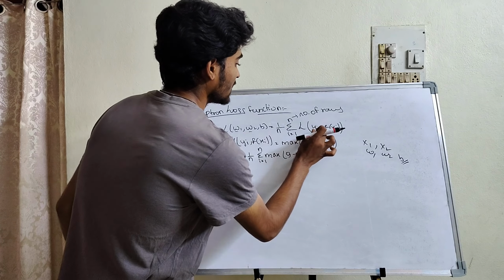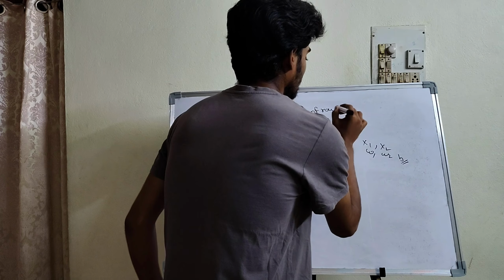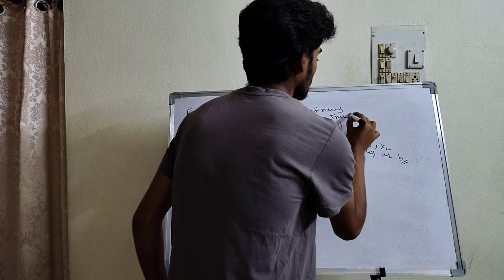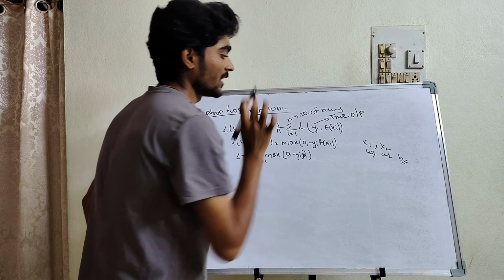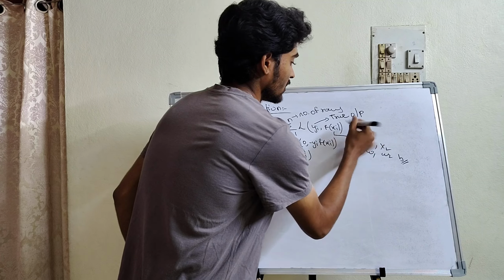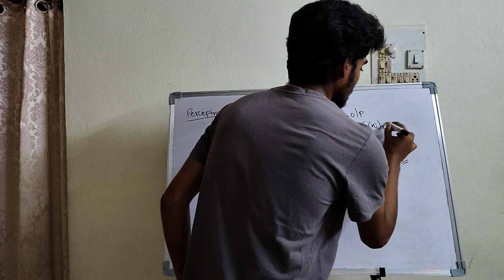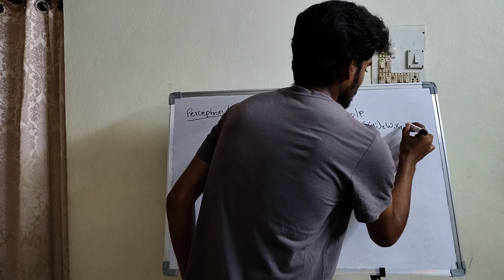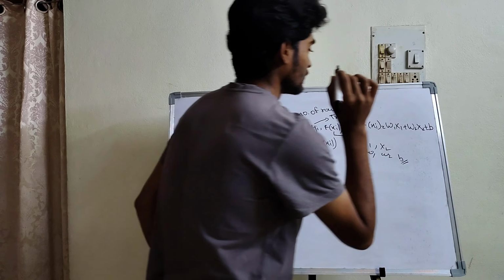Okay, and loss is calculated between yi, which is your true output, and f of xi. The f of xi is equal to w1 x1 plus w2 x2 plus b, the bias.